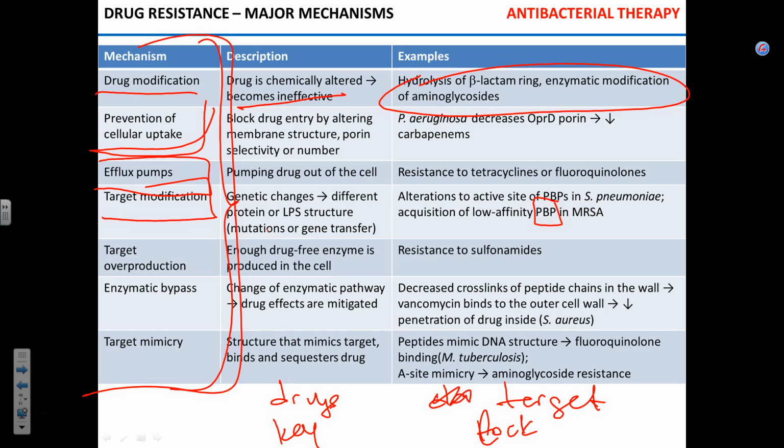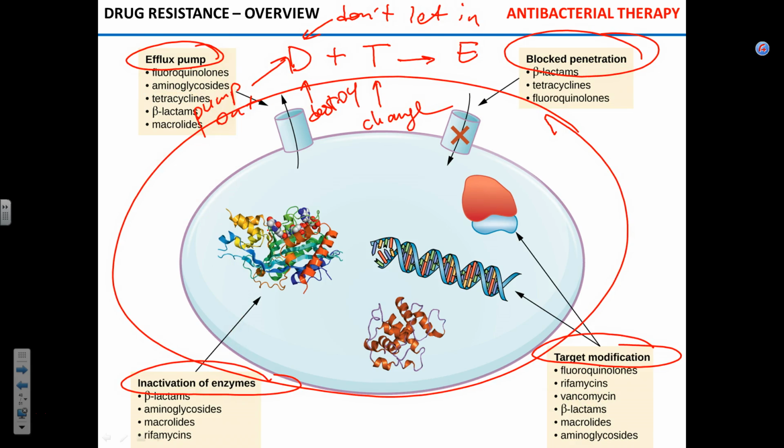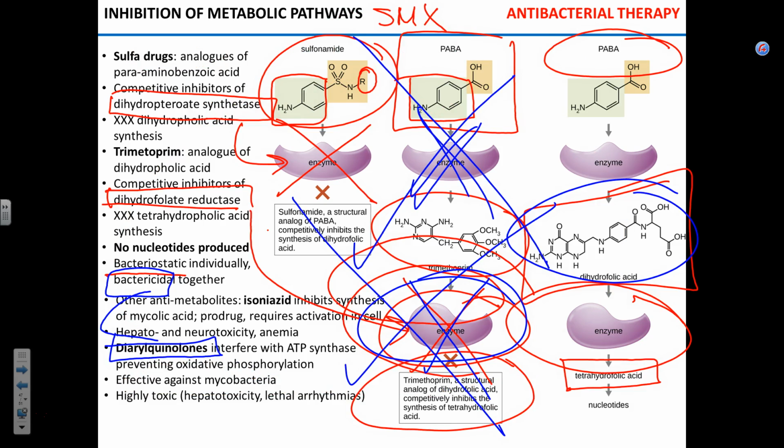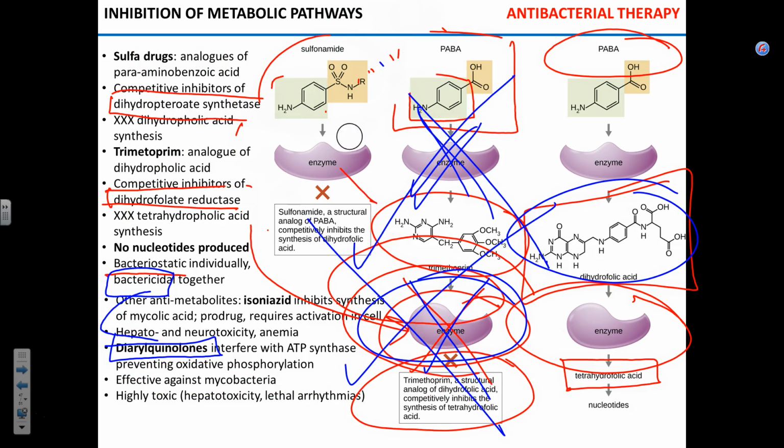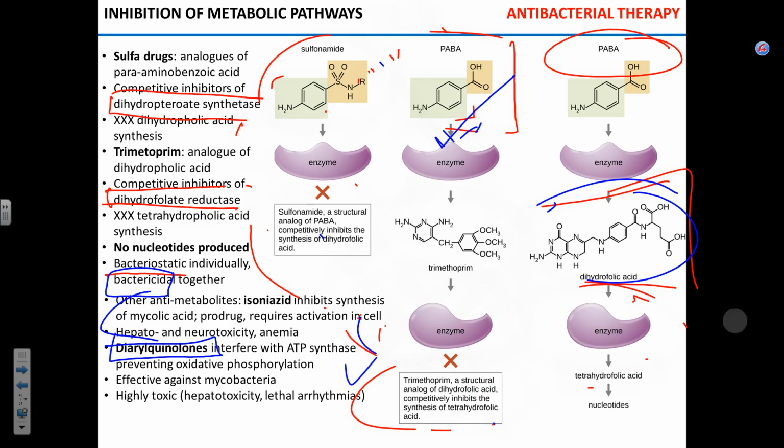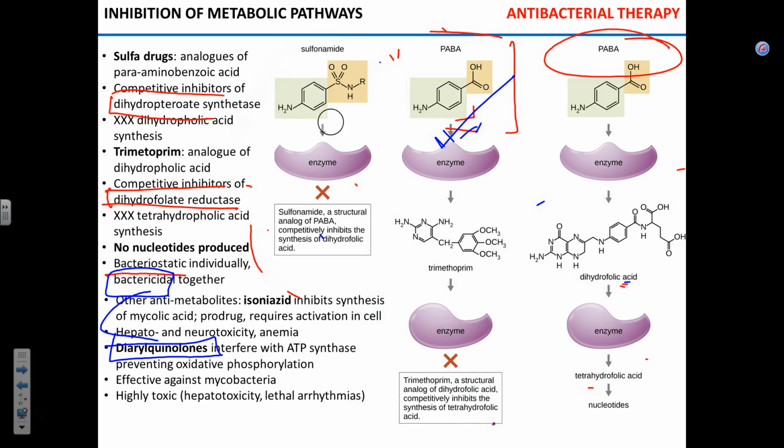Target overproduction. I love this method. You just make so much target enzyme that the amount of the drug is just not enough. For instance, if you go back to this awfully overloaded picture, and remember the inhibitor, say sulfamethoxazole, is a competitive inhibitor, right?